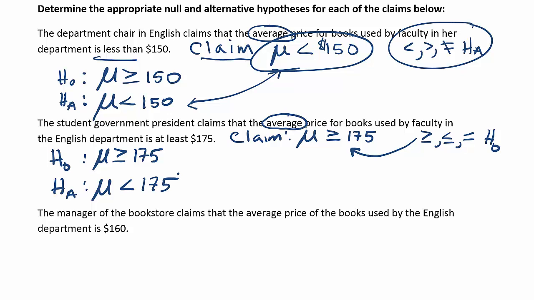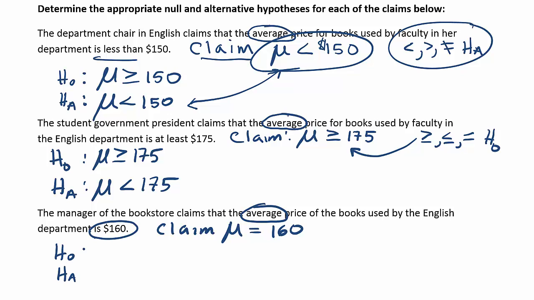All right, then the last case, the manager of the bookstore claims that the average price of the books used by the English department is $160. So again, it's a claim about the average price, so we'll use the mean again for the symbol. And this says that it is $160. In other words, it's equal to $160, right? Okay, so if that's your claim, then you go through the same routine. Null hypothesis, alternative hypothesis.